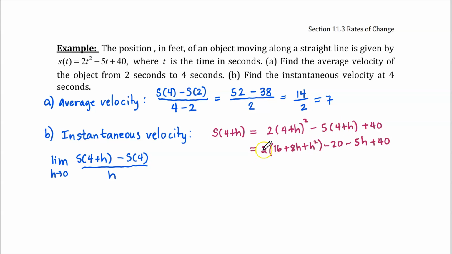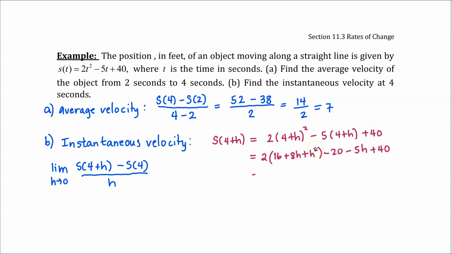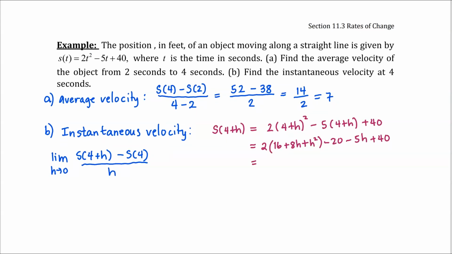Next, you distribute 2 to each term in the parentheses. So you have 2 times 16, which is 32, plus 2 times 8, which is 16h, plus 2h squared. Then you copy minus 20 minus 5h plus 40.